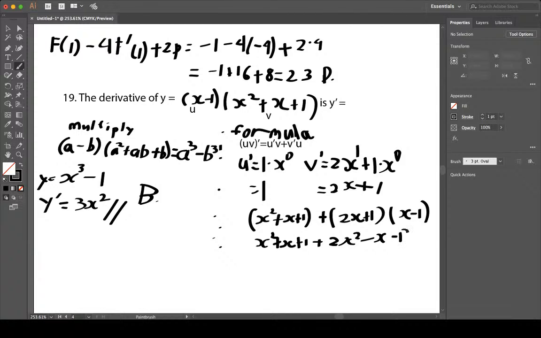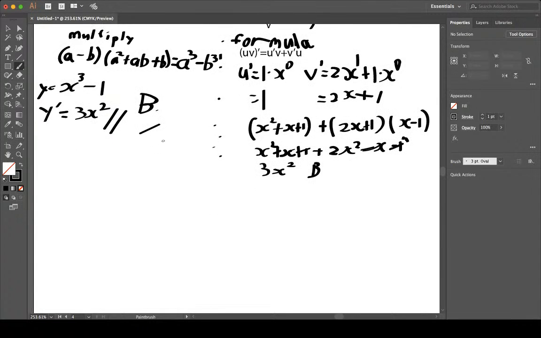Then we can cross out negative 1 with plus 1, and x with negative x, and you'll get 3x squared. This would also be the same, but it takes longer to solve this. So I would recommend doing it by the multiplying method, because it's much easier.